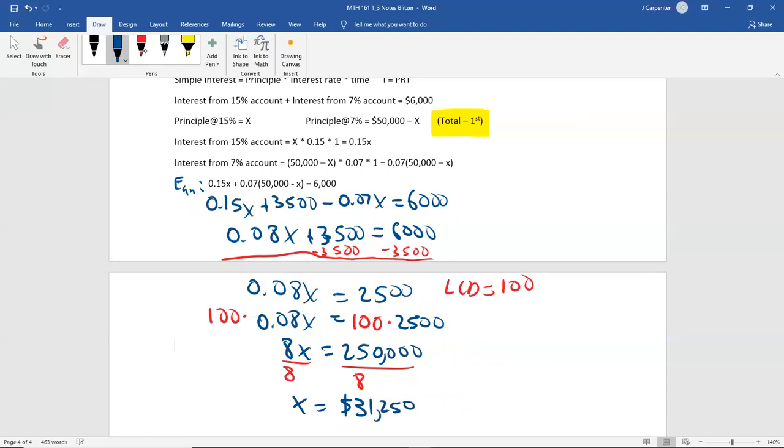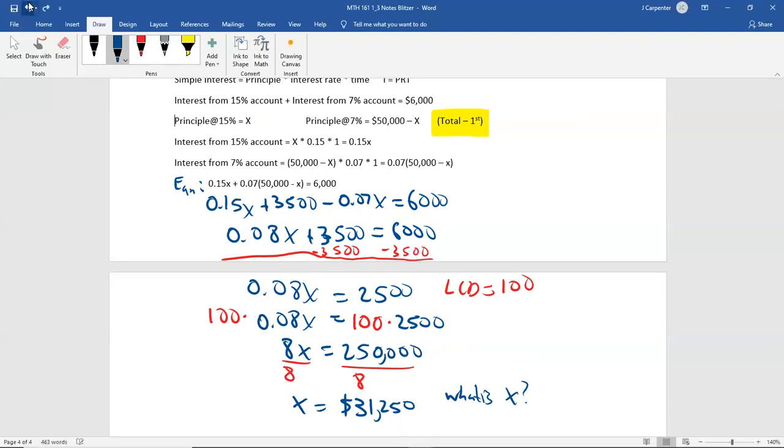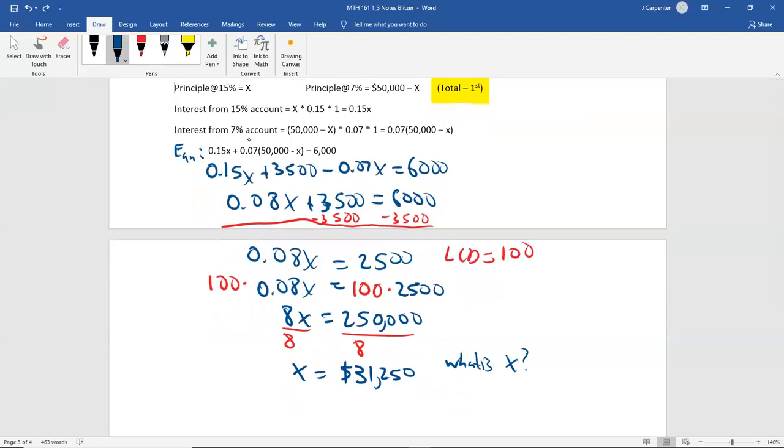We don't always have time to show the long division in class. But then you go back and you ask, what is x? X was the principal at 15%. That was one of the 2 questions we were asked. What is the principal at 15%? What was the principal at 7%? So the 15% principal is $31,250.